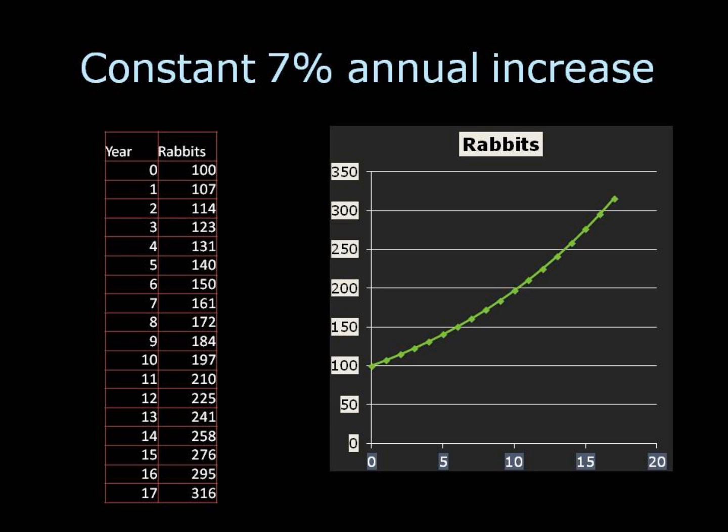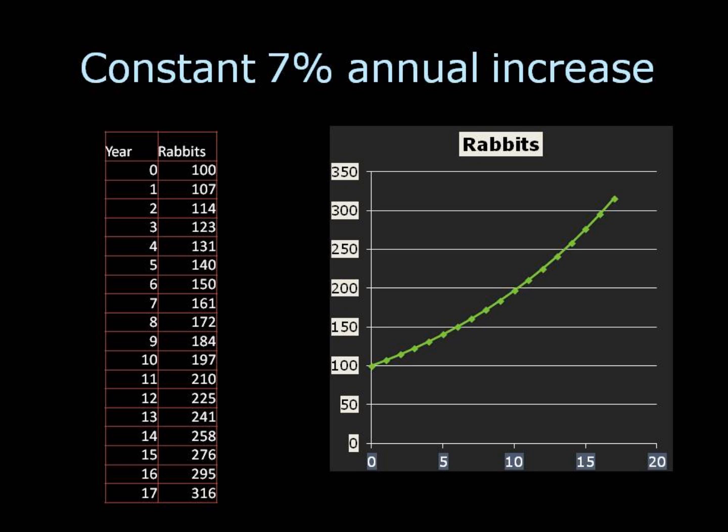So this is how this works out, with the numbers of rabbits rounded to the nearest whole number. So in the first year we get 107 again, then 114 the year after that. But the year after that, instead of 121, we get 123 because we've got more rabbits breeding. And then 131, not 128, and so on.